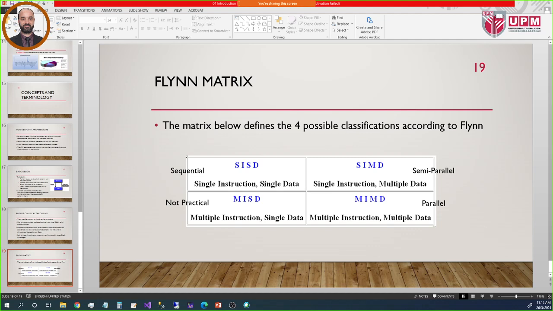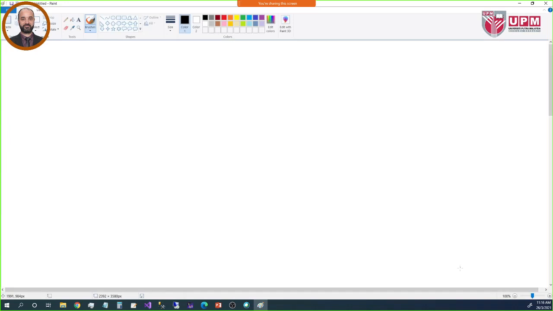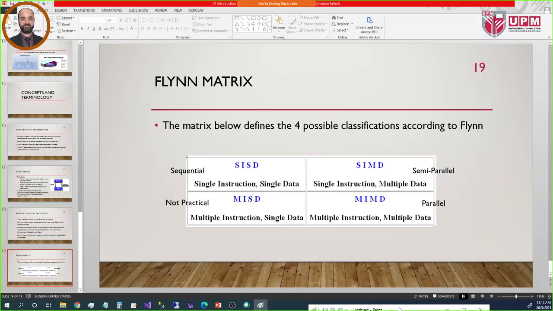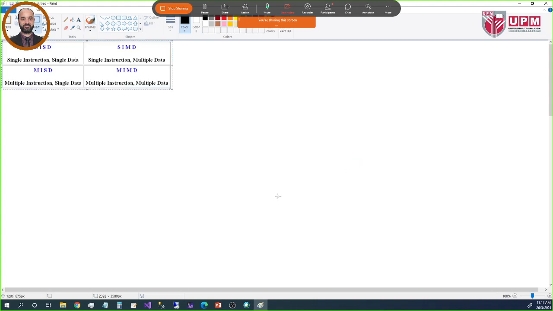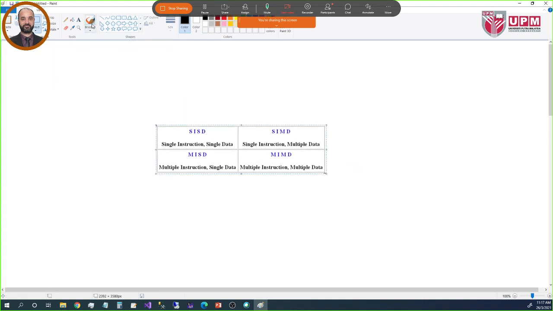Okay, let me open Paint and try to explain in more detail how this works. Based on this, what we have here is 2 dimensions. This is the first dimension, and here is the second dimension.